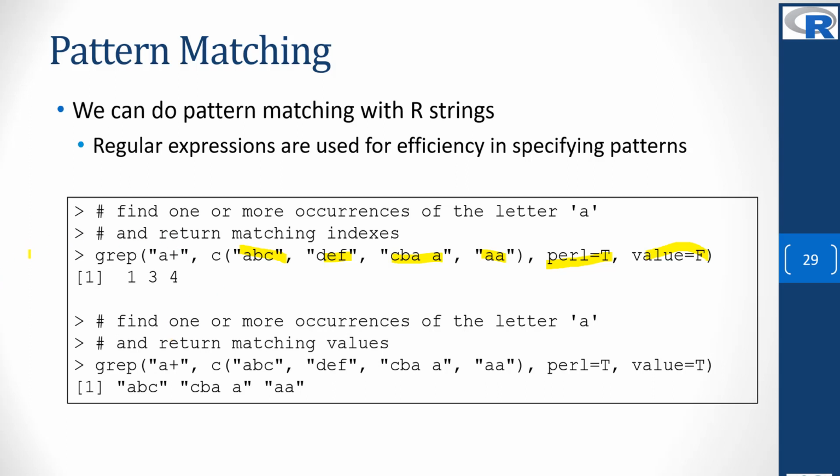So here we see we matched in index 1, 3, 4 of this vector. Here's 1, here's 3, here's 4. But if we specify true for the value, then it returns the actual matched values. So it returns the strings, the entire strings, not just the matching portion. So we get ABC, CBAA, and then AA.